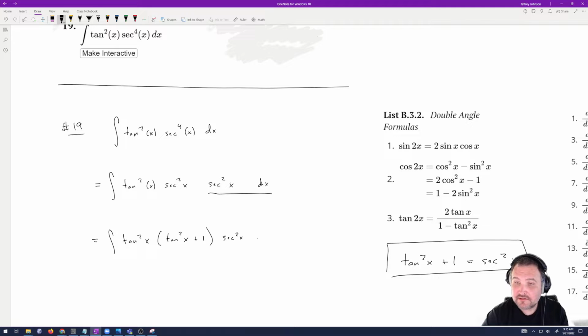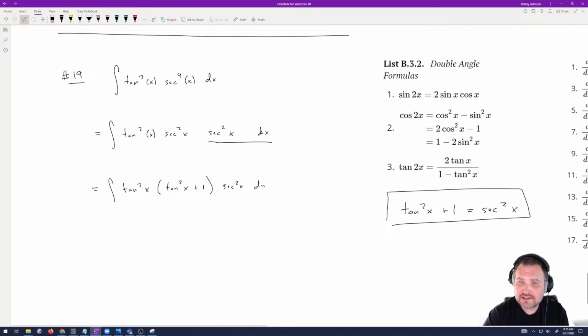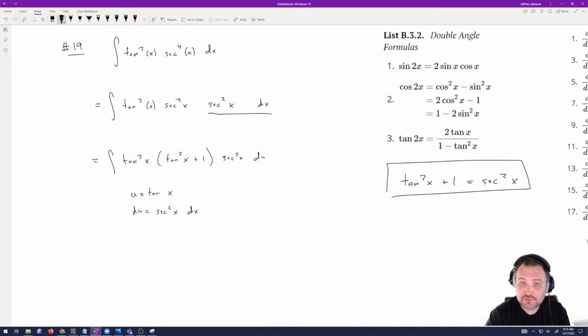Secant squared x dx. Now why is that good? Because now if we let u equal tangent of x, that's going to replace most of that integral of x's with u's, and du is equal to secant squared x dx. Now let's replace everything in here with a u. So we have a u squared times u squared plus 1 du.